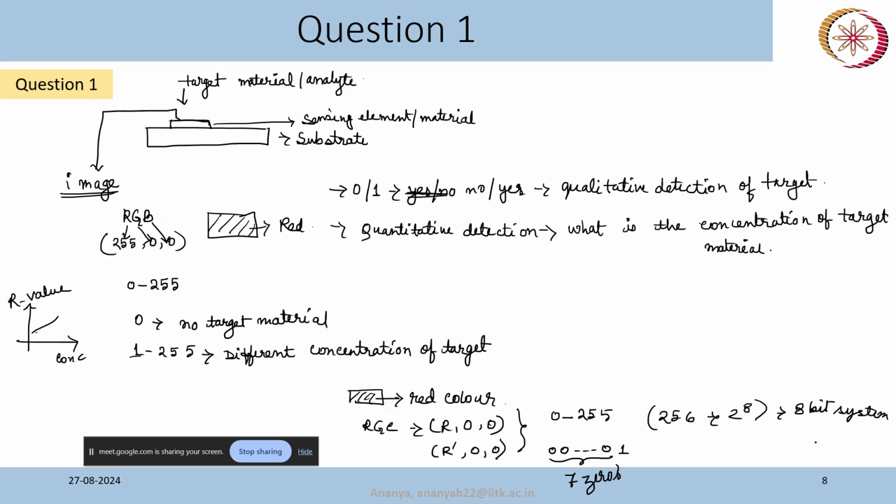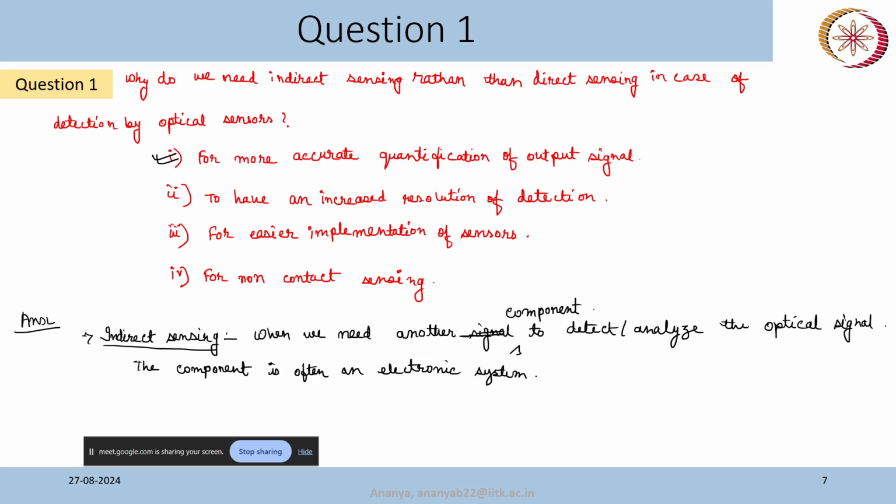Now instead of an 8-bit system, if you can design a 10-bit or, say, 12-bit system, then your resolution will be better. The smallest difference between R and R dash will be smaller in a 12-bit system compared to an 8-bit system. So indirect sensing can actually improve the resolution of detection.